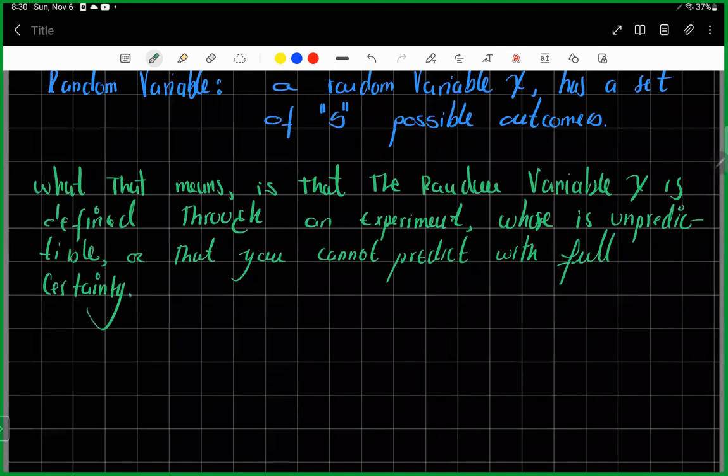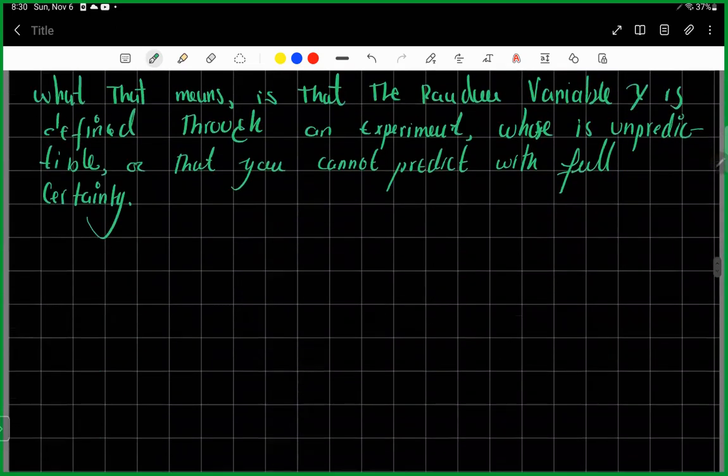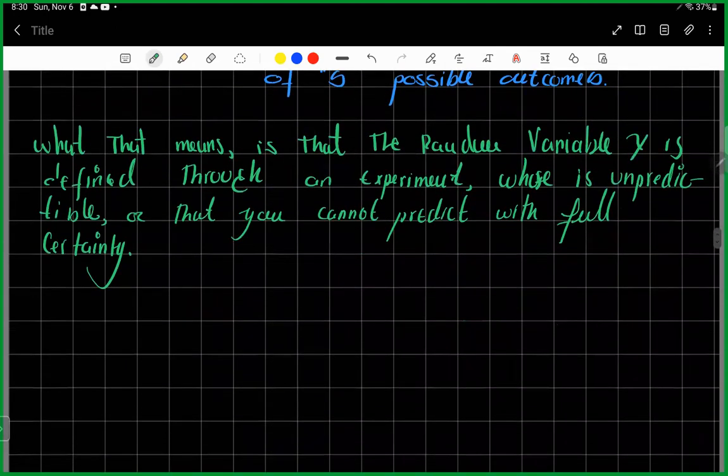Okay. Now, S, which is the set of possible outcomes of a random variable x, can be discrete or it can be continuous. Okay, so let's do an example. These are the outcomes of x.